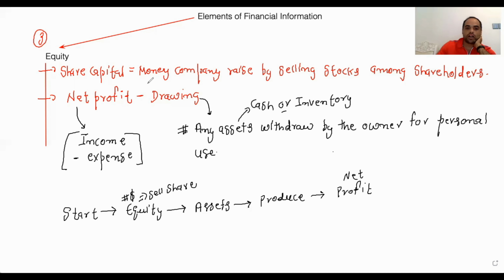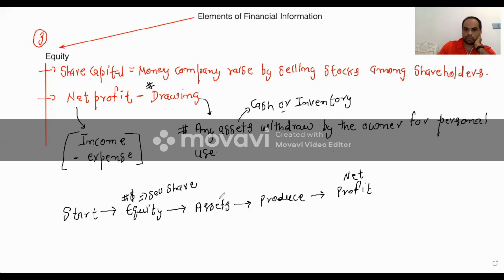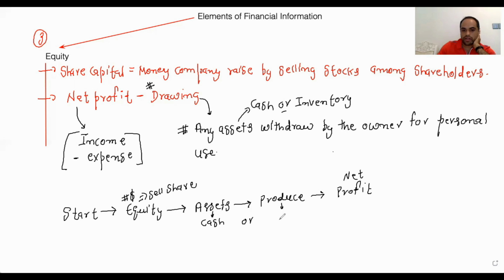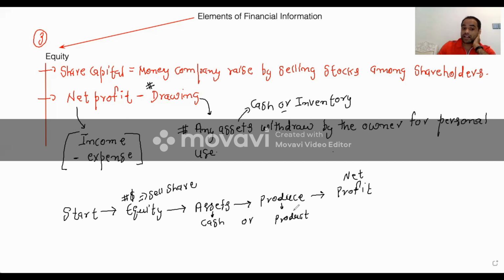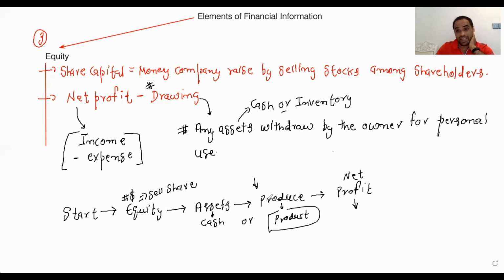Now, if the business owner takes some product, maybe cash or product, if the owner of the company withdraws product from the company, technically the company profit will reduce, because if you have less product, you have less sales, less profit, right?